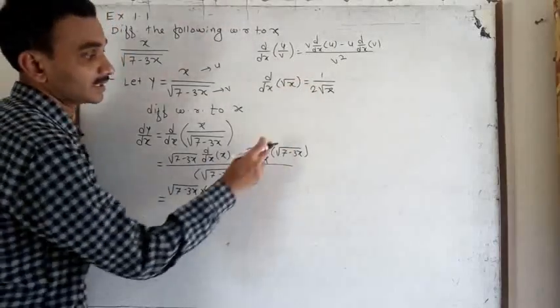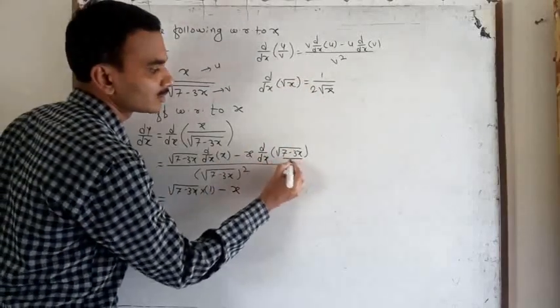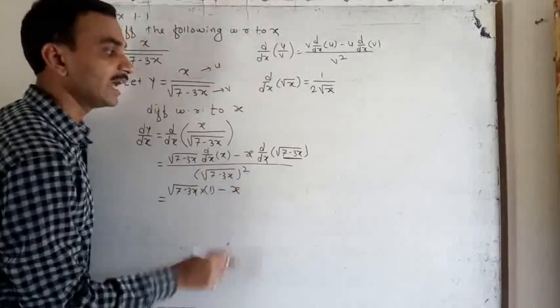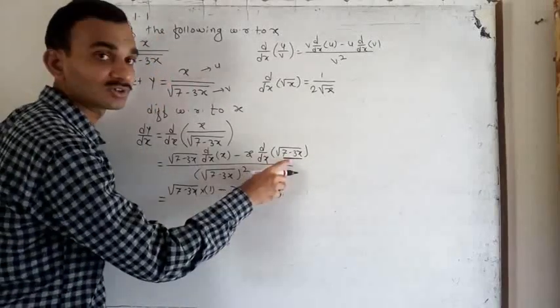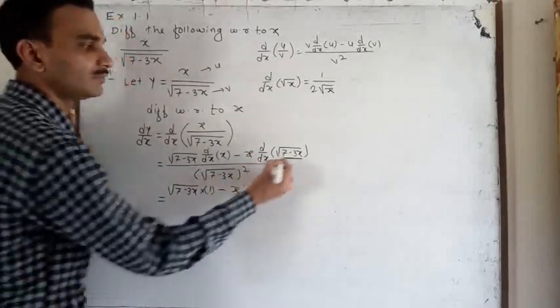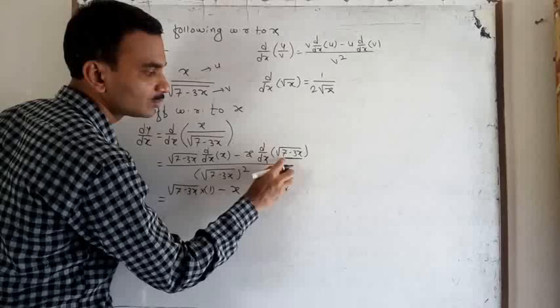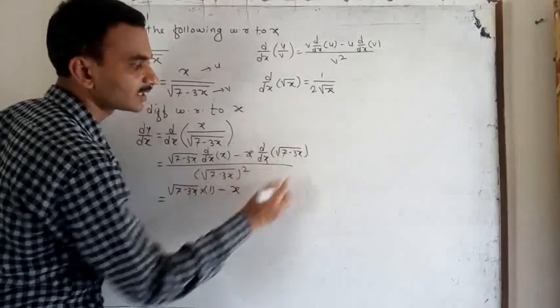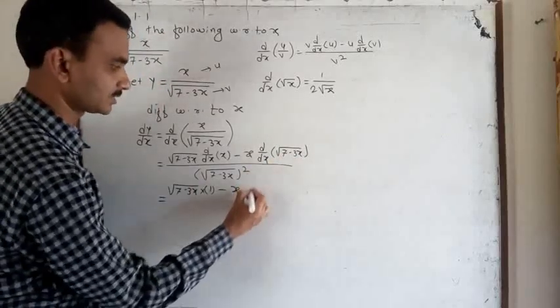But here there is a term in x. Here there is not x, it is a term in x. So we differentiate with respect to this term 7 minus 3x.